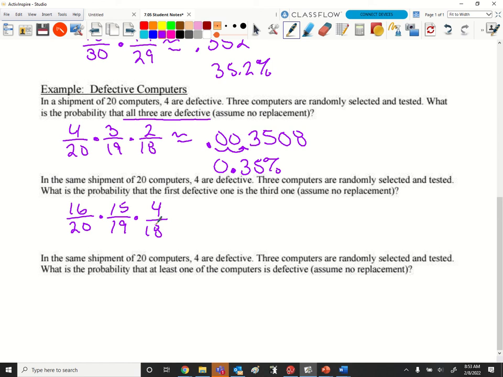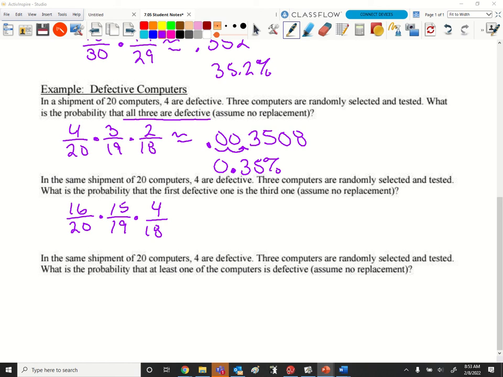All right. So you guys are calculating. Did we get it?